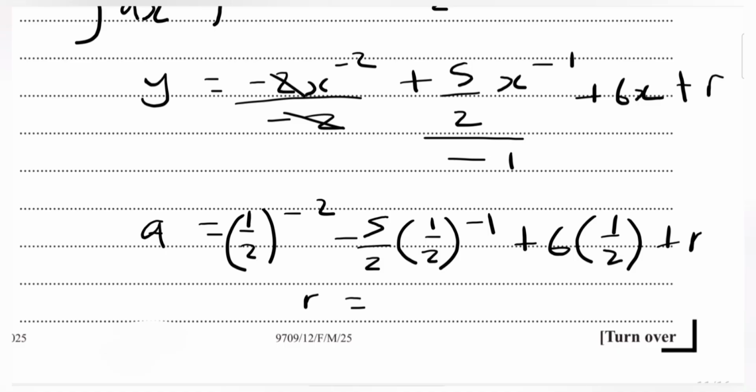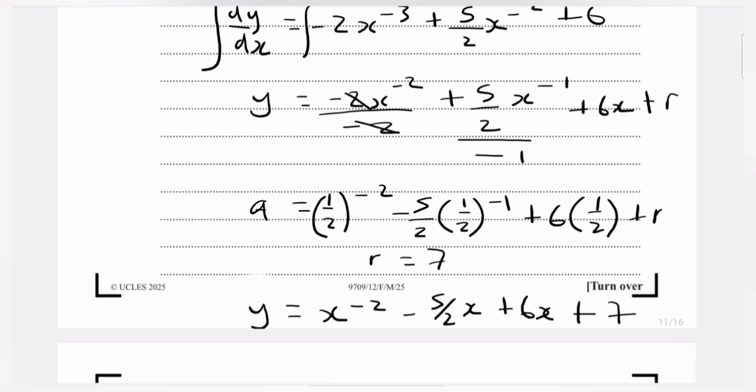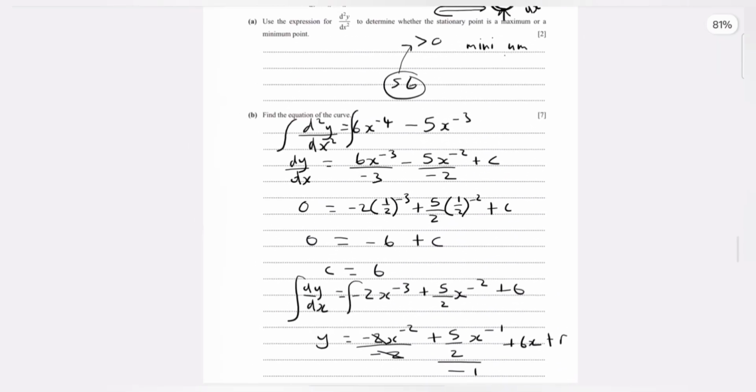And this will give us r to be 9 minus 0.5 to the power minus 2 plus 5 over 2 to the power of, like that, to the power minus 1 minus 3, and r is 7. So the equation will be y is equal to x to the power minus 2 minus 5 over 2x plus 6x plus 7, right? You get your 7 marks for that.